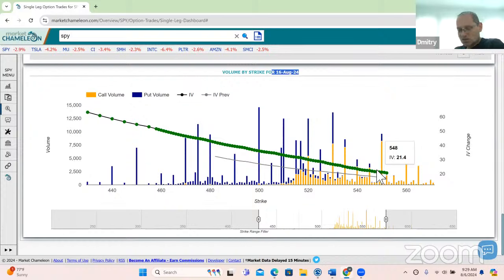So here it's obvious that this entire line is above the previous day's line. So implied volatility went up in all the strikes. And just like our table confirmed, the increase was greater to the downside strikes than the increase to the upside strikes.